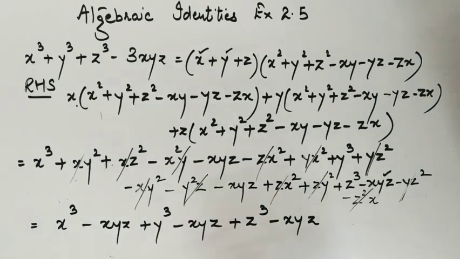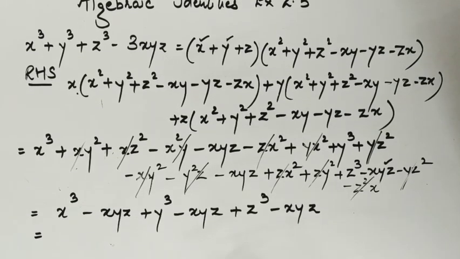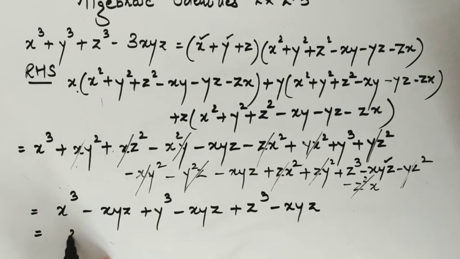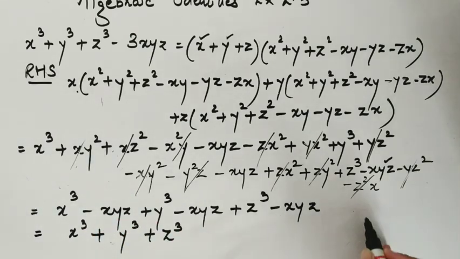When you rearrange them, you would see it actually becomes x cube plus y cube plus z cube minus xyz, xyz, xyz is 3 times.